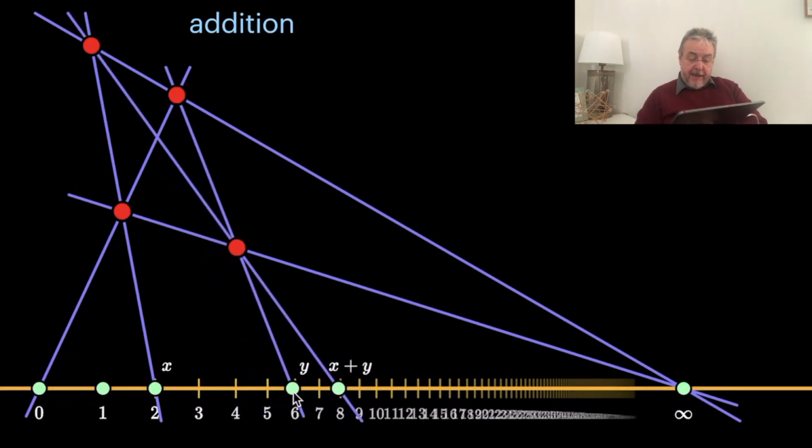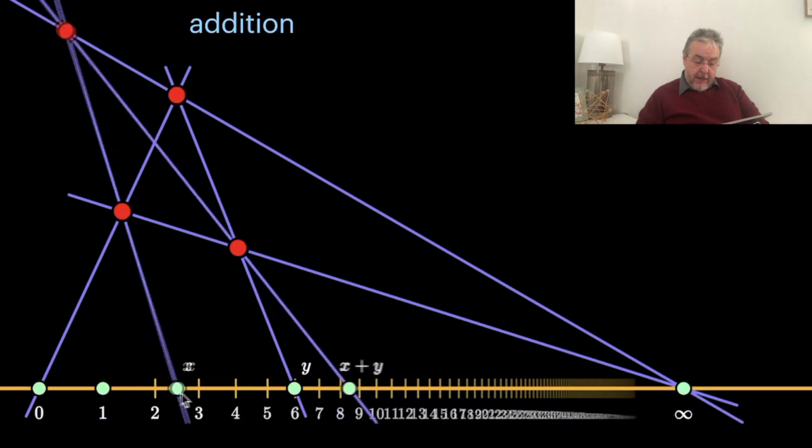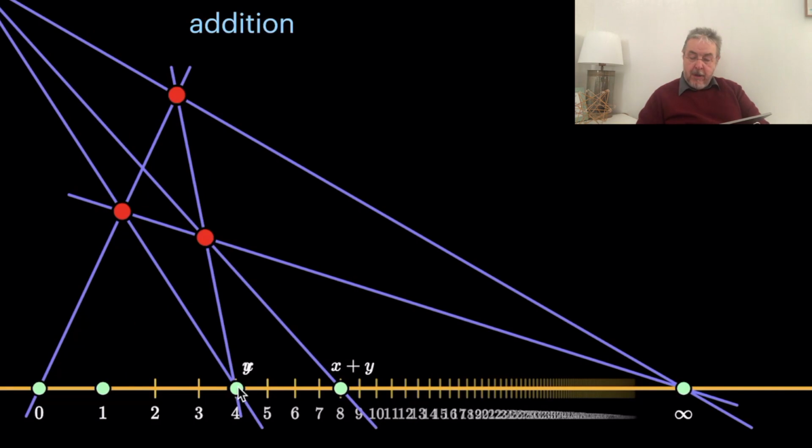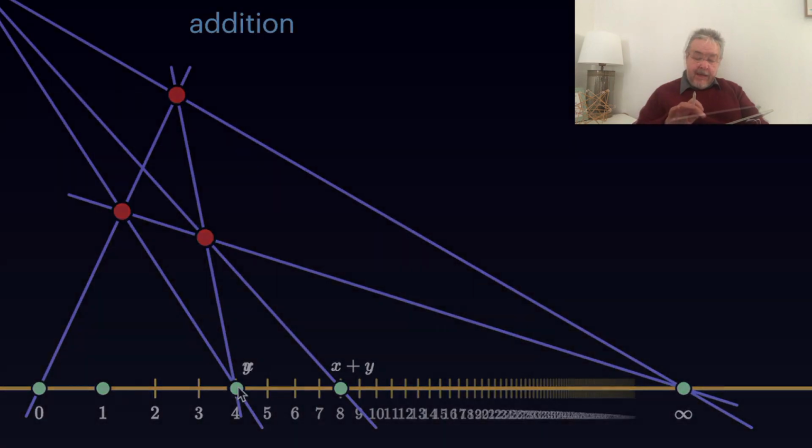So a few more examples. Here you see, for instance, 2 plus 6 is 8. Or let's do one more. Let's take 4 plus 4, which is 8 as well. So you see it works nicely for arbitrary choices of p's and q's.